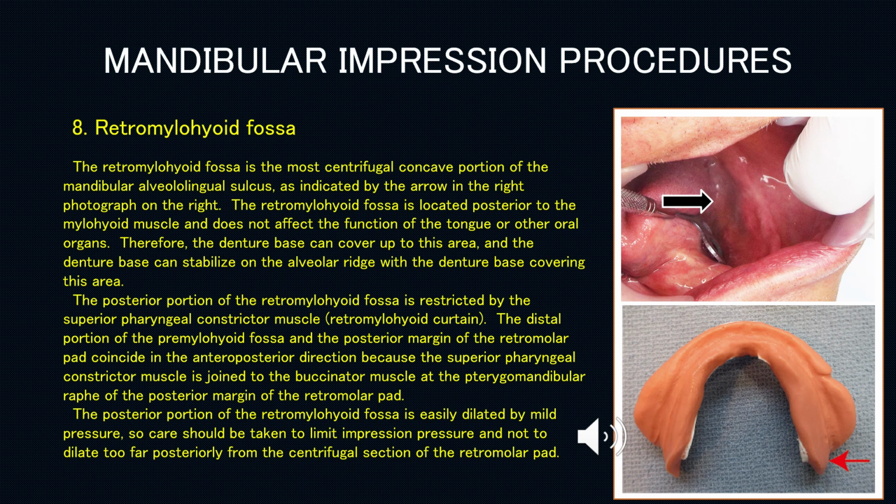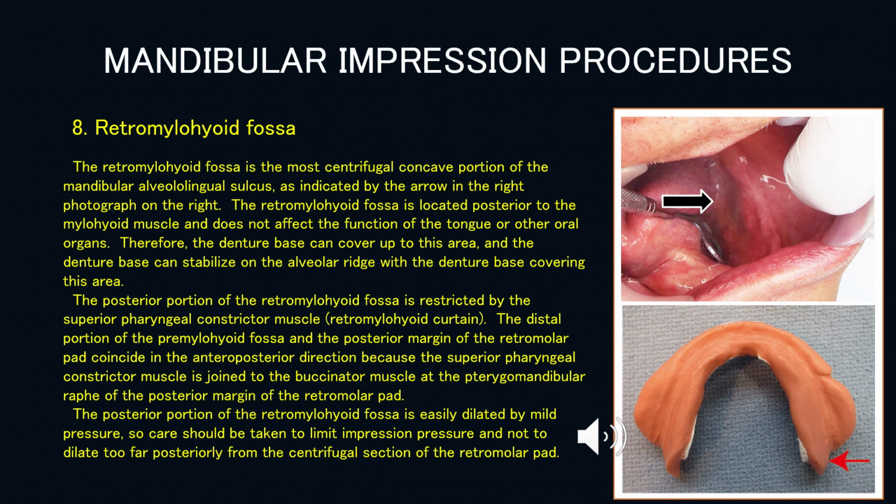The retromylohyoid fossa is located posterior to the mylohyoid muscle and does not affect the function of the tongue or other oral organs. Therefore, the denture base can cover up to this area, and the denture base can stabilize on the alveolar ridge, with the denture base covering this area.